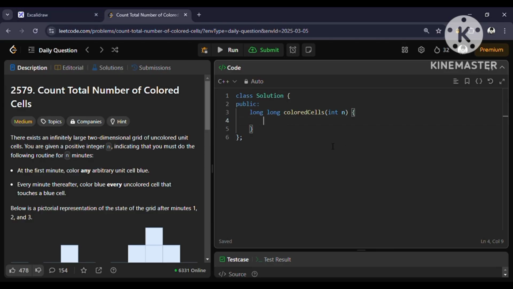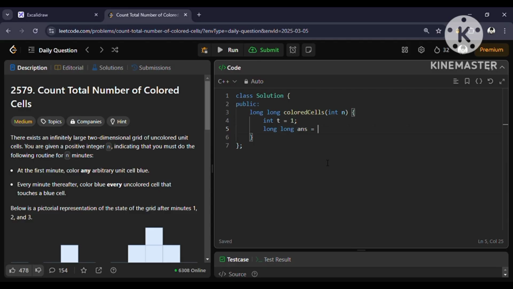So for n equal to 1, first initialize the time variable, int t equal to 1, first minute. Then for time equal to 1, what is my answer? Store long, because the return type is long, so I have to define the answer as long.